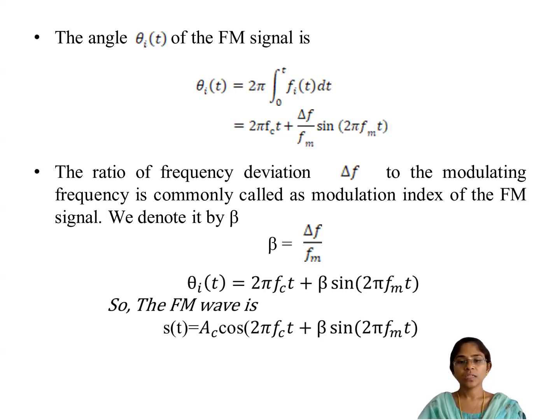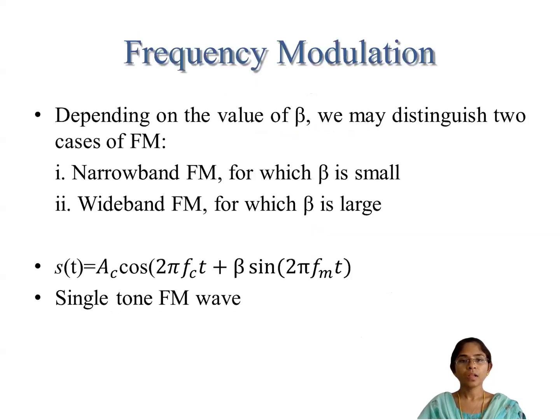Substituting theta i of t here, we get S of t is equal to AC cos of 2 pi fct plus beta sine 2 pi fmt. Based on the value of beta, we can distinguish two cases in FM: narrow band FM and wide band FM. When beta value is small, it is known as narrow band FM. When beta value is greater than 1, it is known as wide band FM.